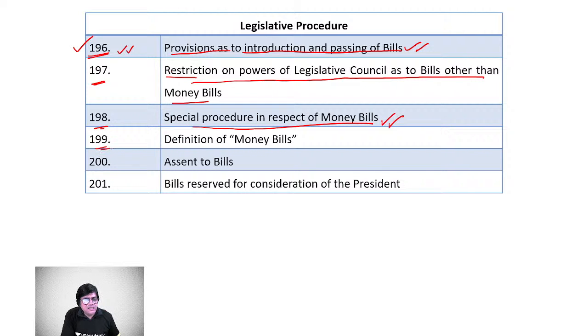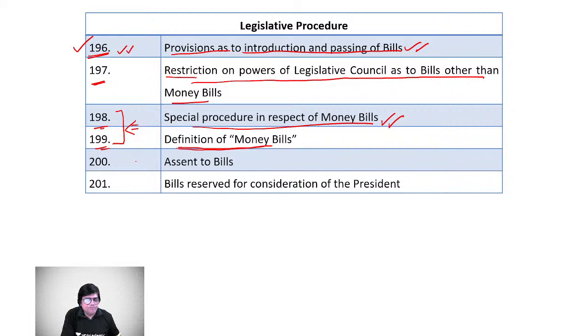And 199 talks about the definition of money bills. And we know that a corresponding article is there, that is 110 in the case of Parliament. So 198 and 199 are very specific, and they talk about the procedure and the definition respectively for the money bills.